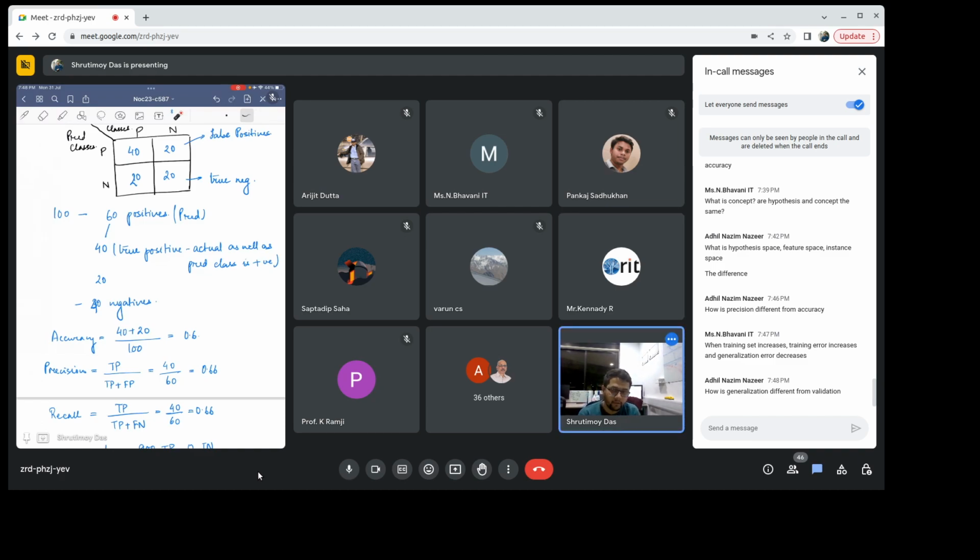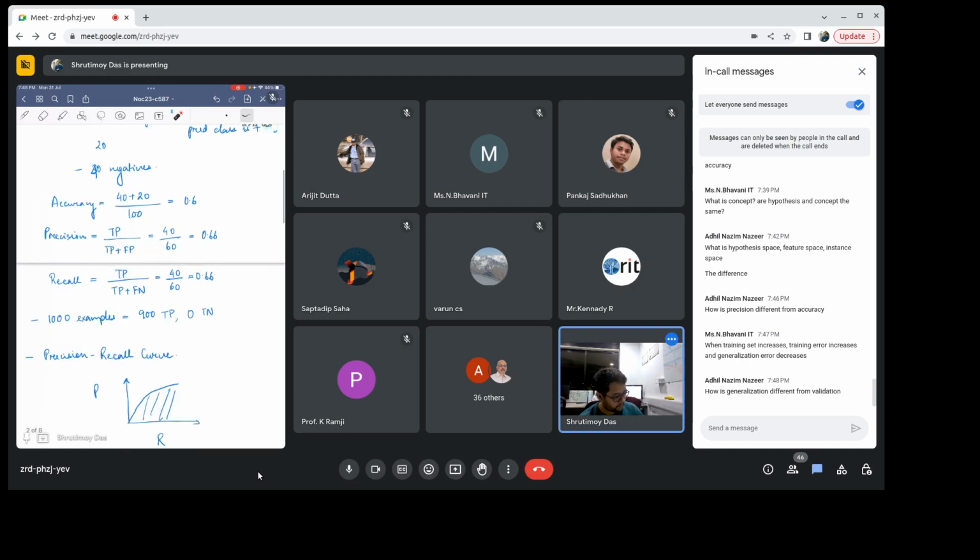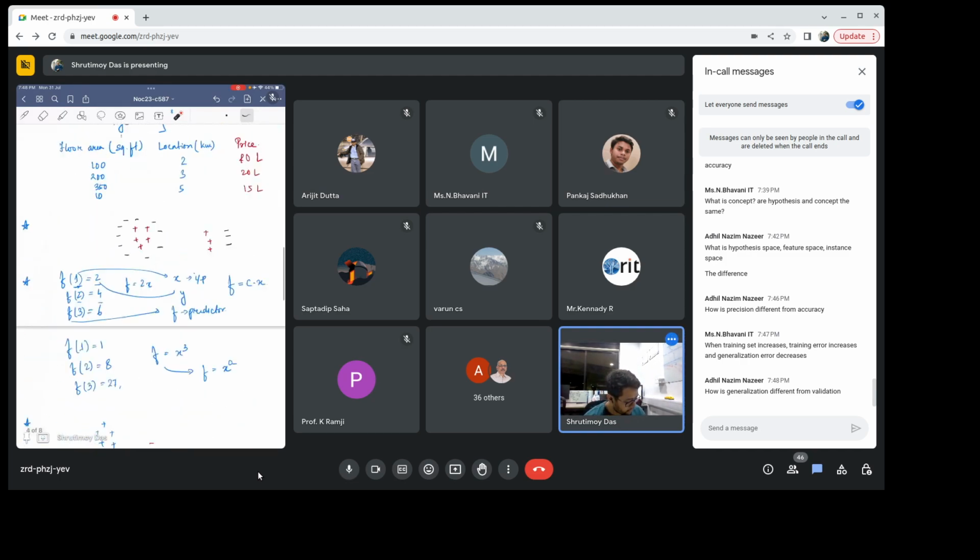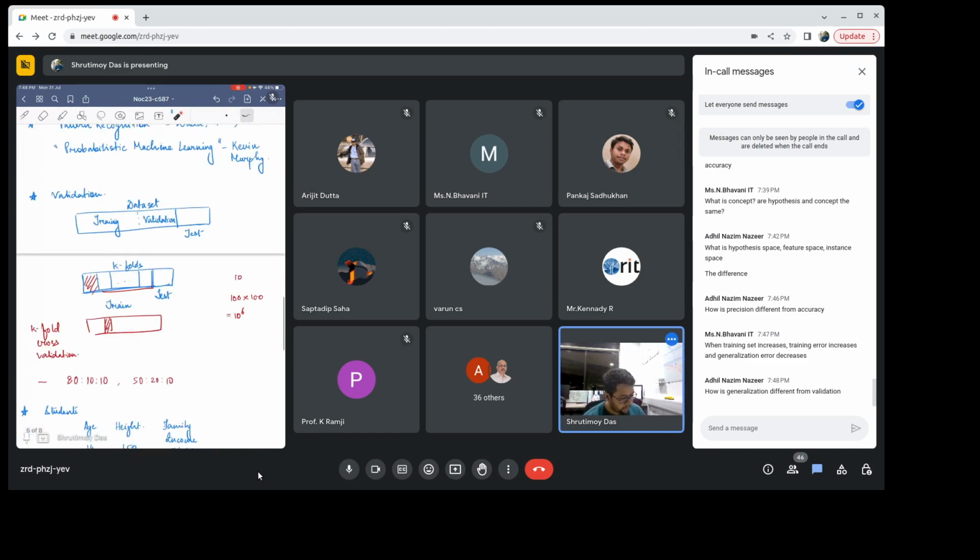Generalization, and there is nothing called validation. We talk about a validation set. Given a data set, we divide it into a test set and a training and validation set.